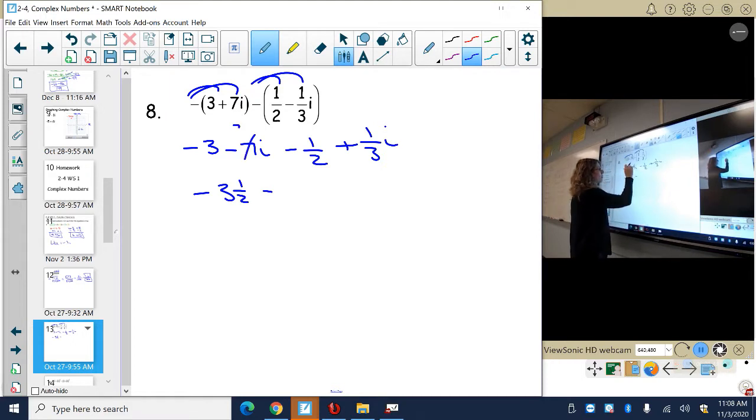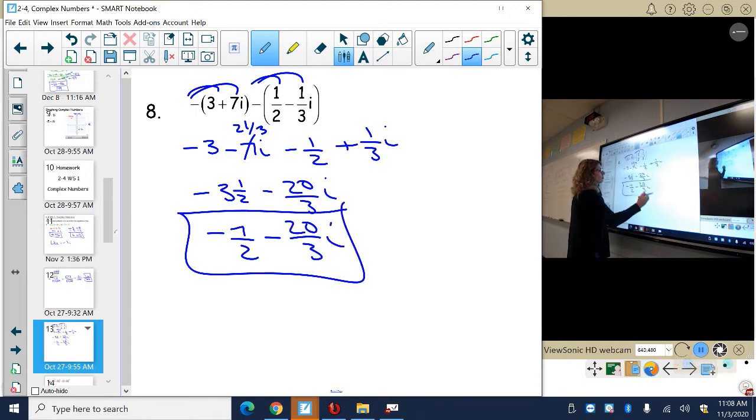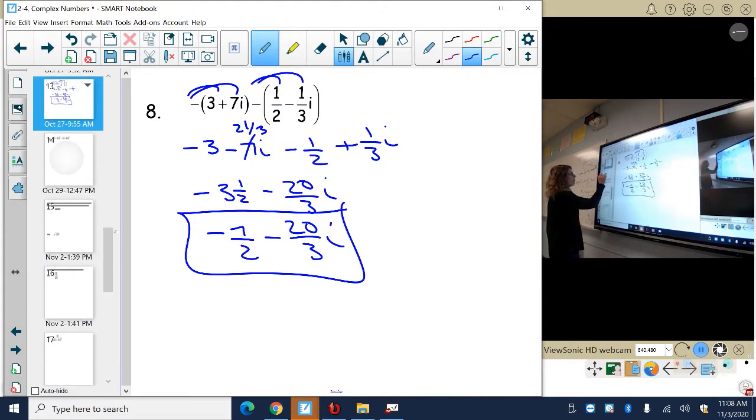So this is the same thing as 21 over 3. So that's going to give me 20 over 3i. This right here is 3 times 2 is 6 plus 1 is negative 7 over 2 minus 20 over 3i. You can use your calculator for that as well.